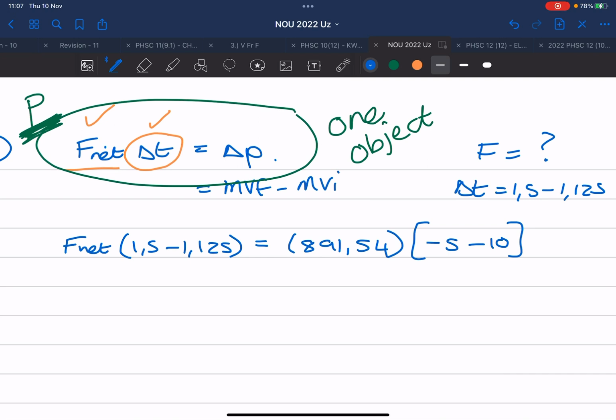This is only for object P. And when you work out F, you get -35661.6. Okay, and they want the size, not the direction. Not allowed to leave an answer in the negative. So that means 35661.6 newtons.